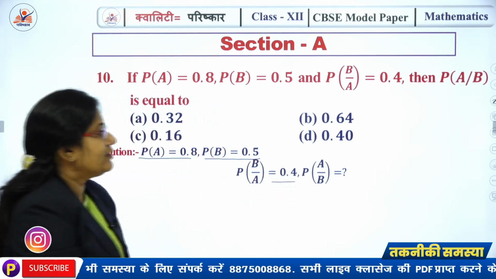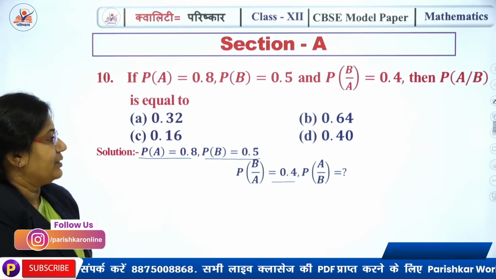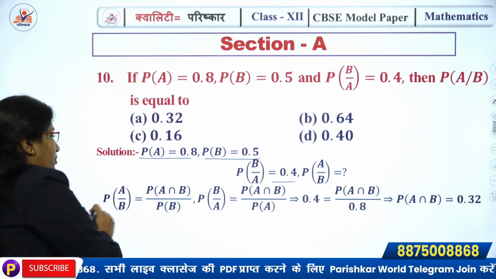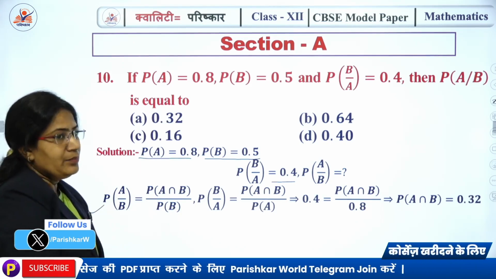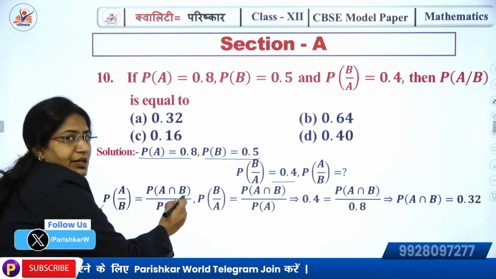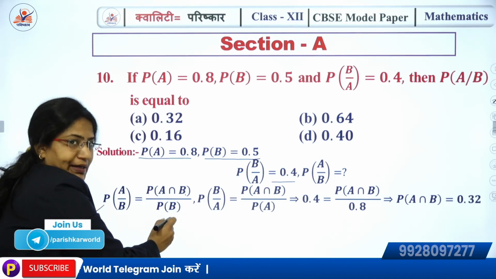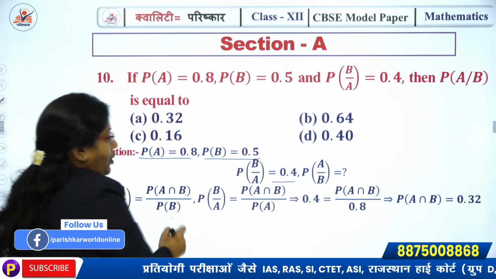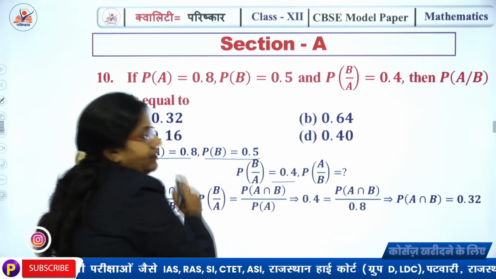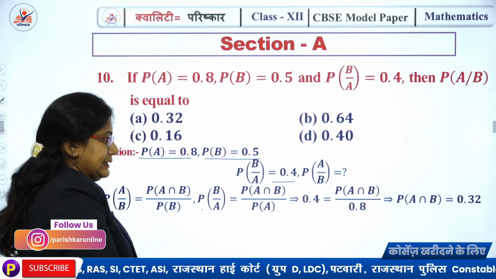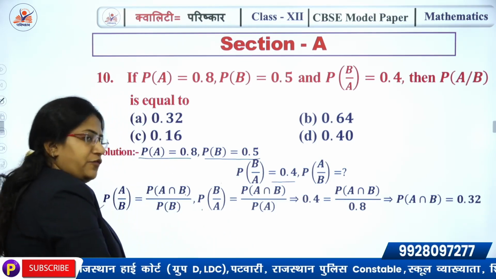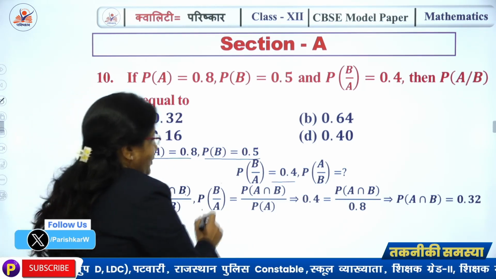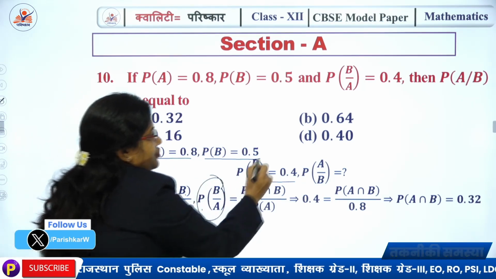We have to calculate the value of probability of A by B. As you know the formula, probability of A by B is given by probability of A intersection B upon probability of B. Again, the formula for probability of B by A is probability of A intersection B upon probability of A. Again, we have probability of B by A as 0.4.